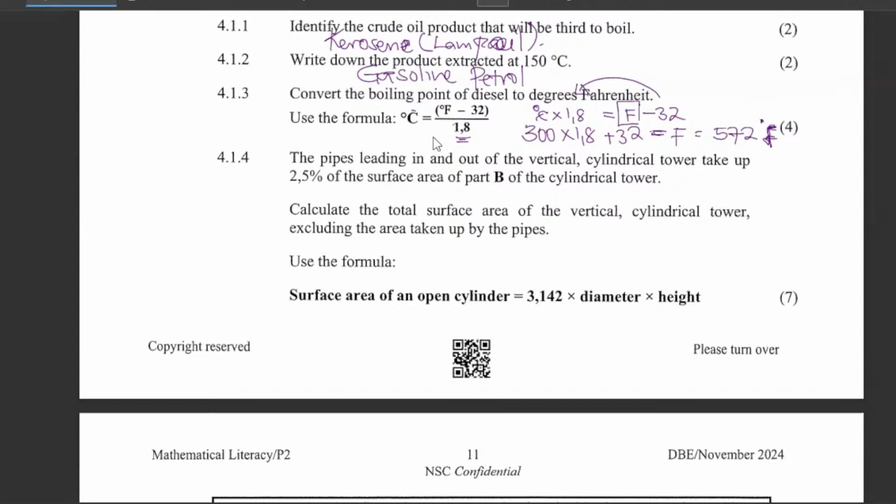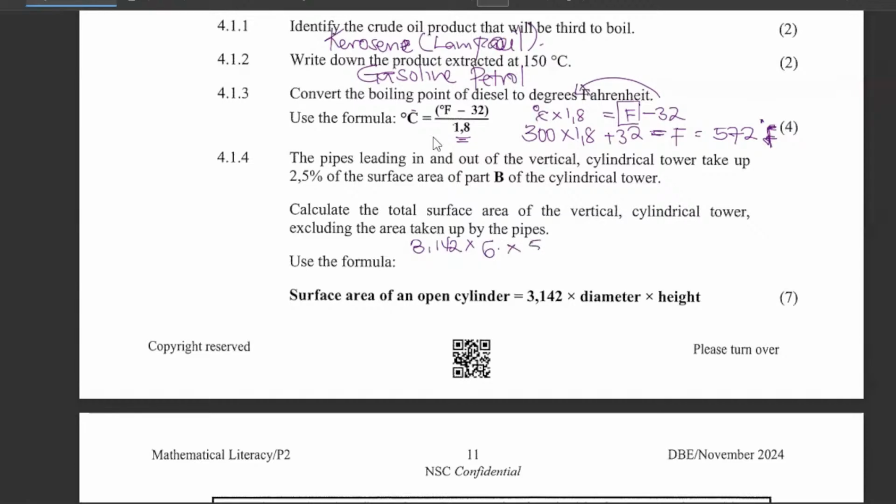Excluding means we're going to subtract. They're telling us the surface area of an open cylinder is pi times diameter times height. So we shall say 3.142 times the diameter, which they told us was 6 meters.